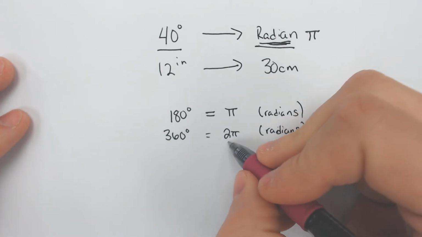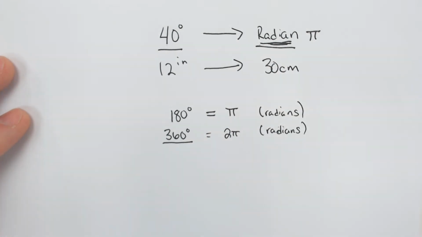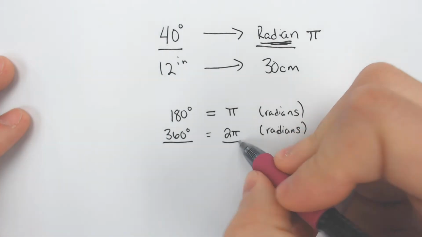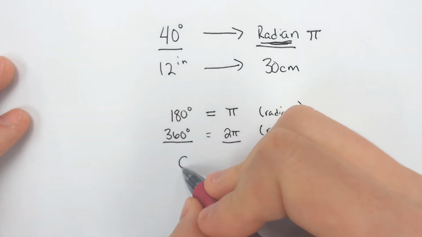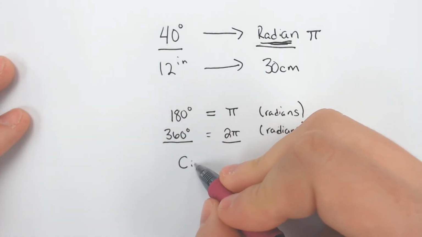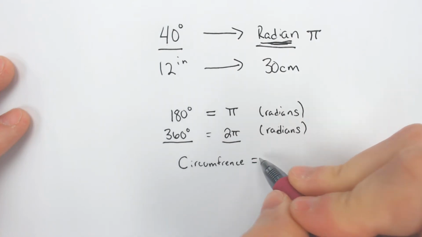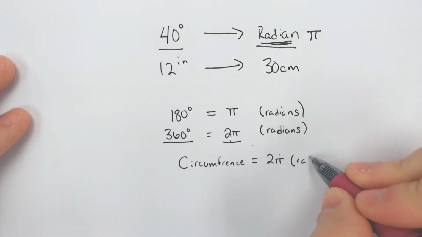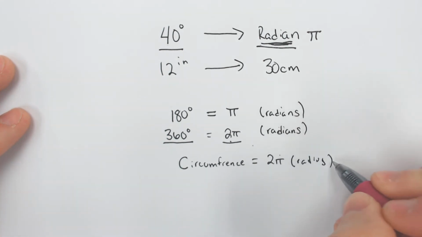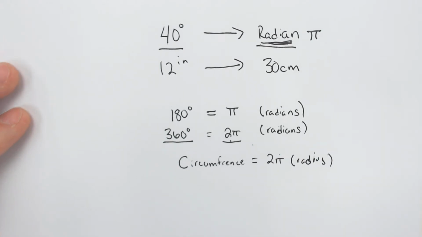The radians, however, had a purpose, and because 360 is essentially all the way around a circle, 2 pi is all the way around a circle in terms of radians, and that is really because all the way around a circle, the circumference is equal to 2 pi, see the similarity, times the radius. Okay, so that's why it was developed, to make it easier in that case.